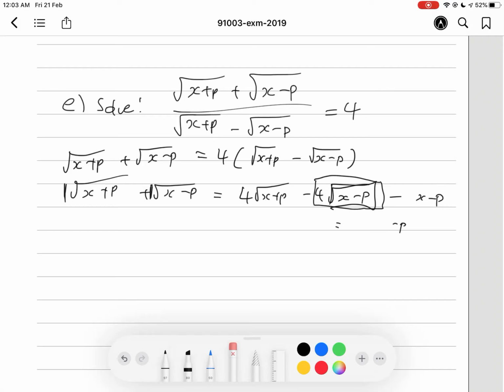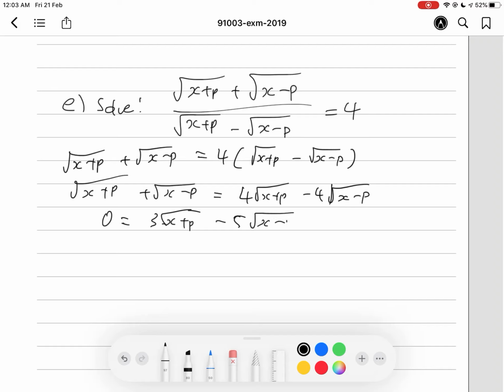So you can just subtract the coefficients right here. So right now we can move everything to one side of the equation. So 0 equals 3 square root of x plus p minus 5 square root of x minus p. Now we'll move one of the terms back, doesn't really matter which one, but for the sake of positivity, I'll move the negative 5 over.